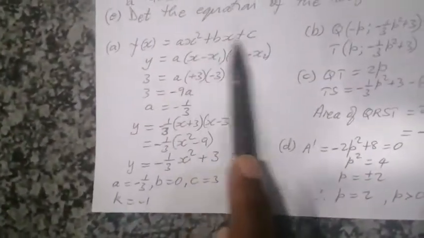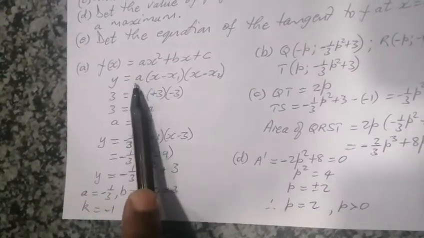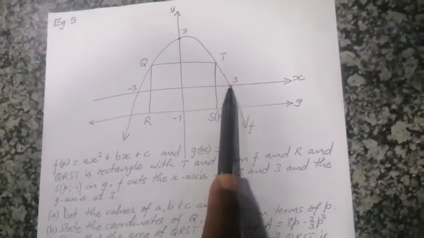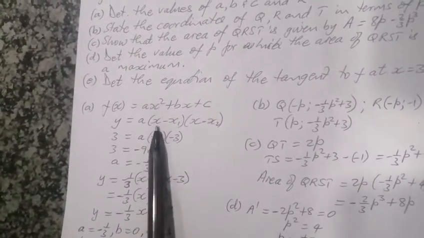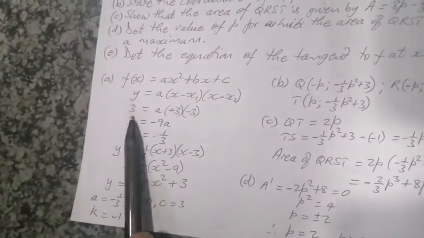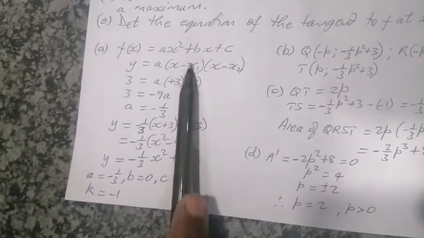So our f of x is defined in this form, that's the standard form, and we can write it in the x-intercept form because we do have the coordinates of the x-intercepts. So we shall have y is equal to a(x minus x1)(x minus x2). So using the point that we are seeing on this graph, which is (0, 3), we can substitute our x values.